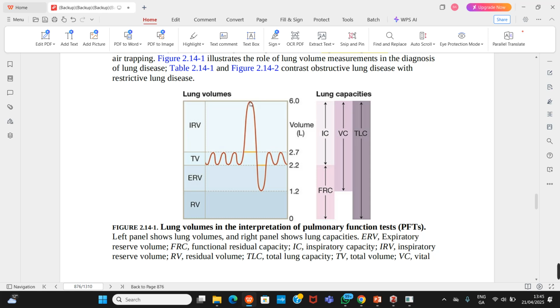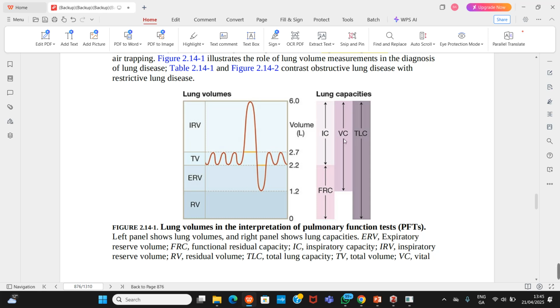Then after the person gets to this 6 liters, the person now forcefully exhales again, bringing it down to this portion. So it means that the total volume that this person has exchanged in that entire process is the sum of the tidal volume, the expiratory reserve volume, and the inspiratory reserve volume. So everything in total is called the vital capacity.